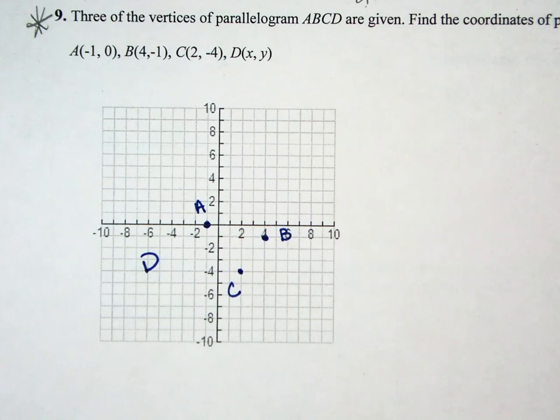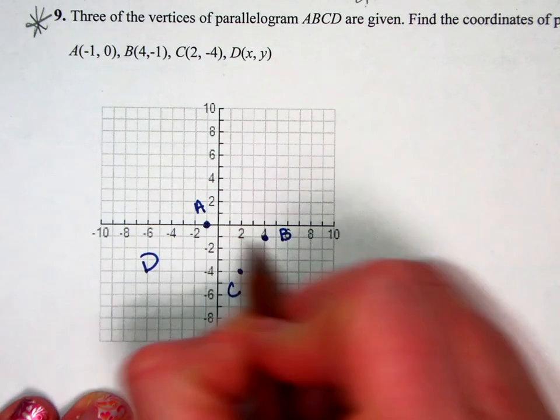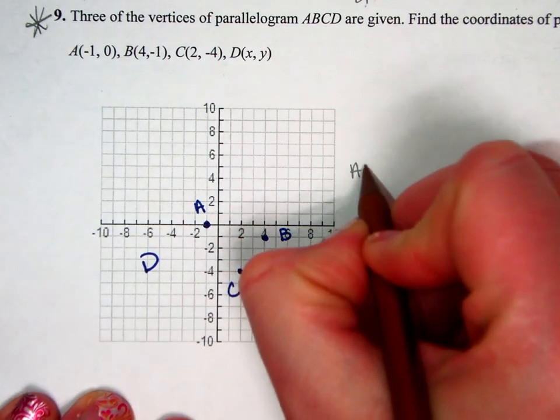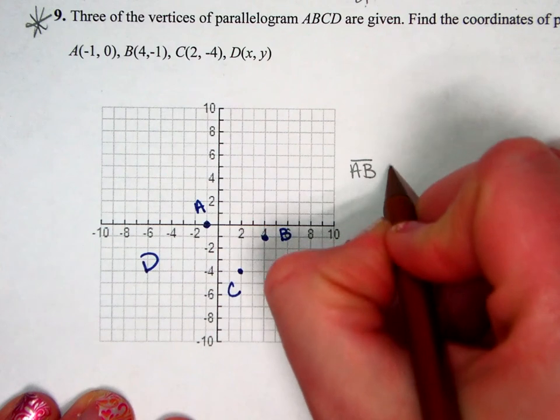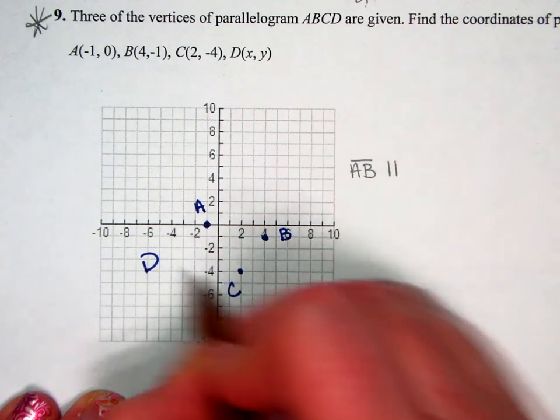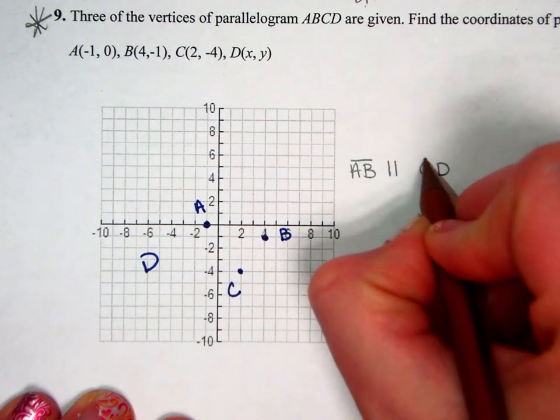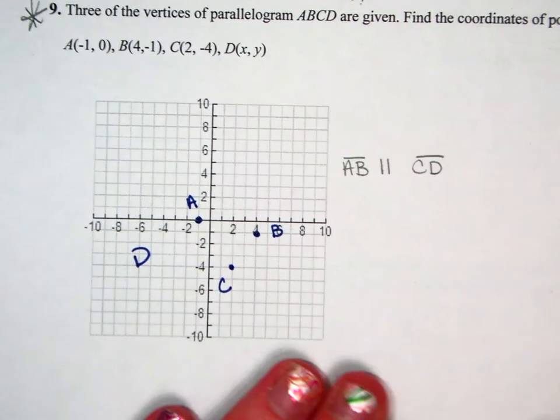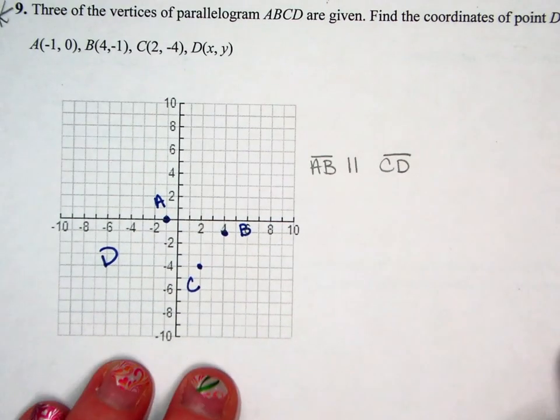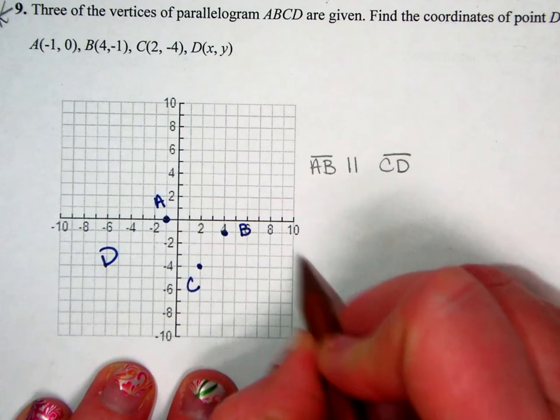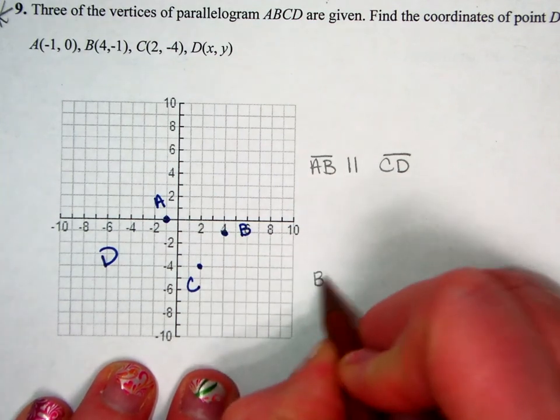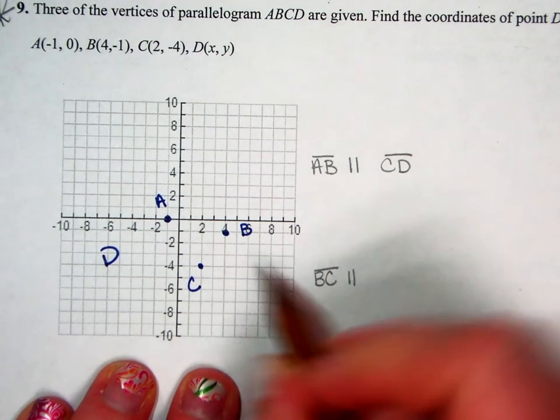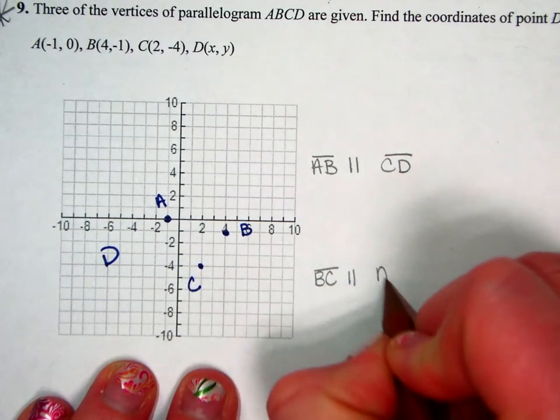But with that, I do know that I can look at the slopes of opposite sides. So you're going to have segment AB, and that needs to be parallel to segment CD. Okay? And then you have to have segment BC be parallel to segment AD.